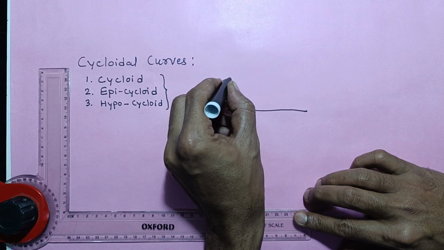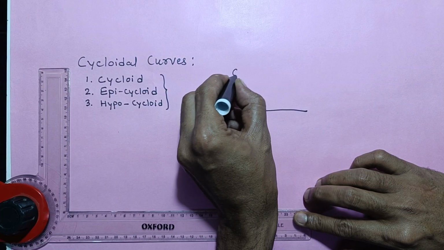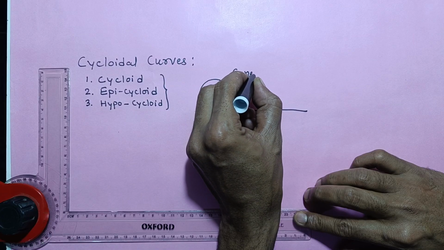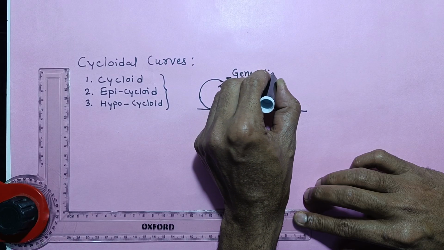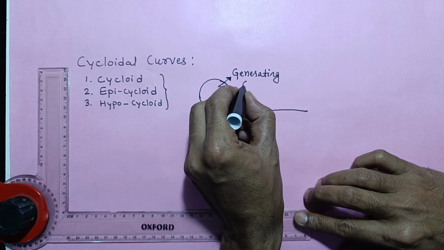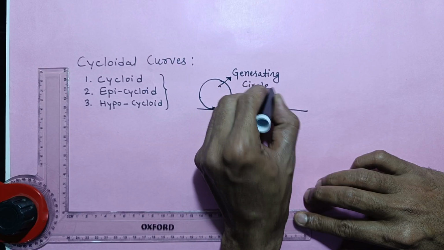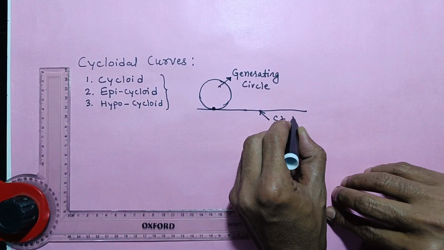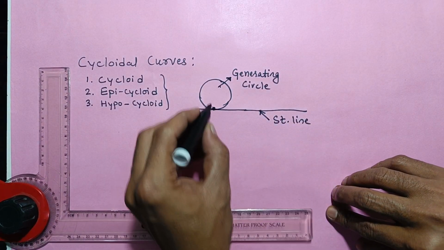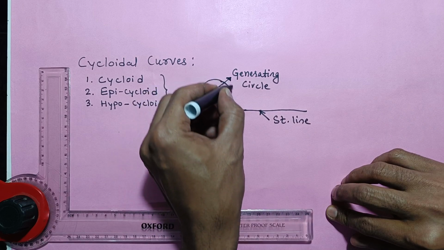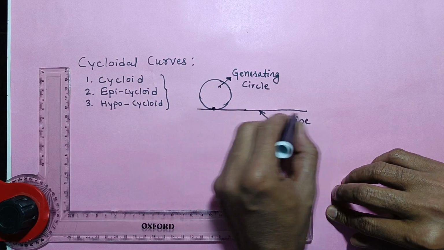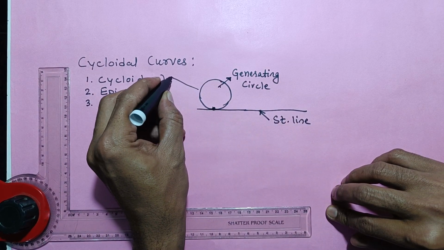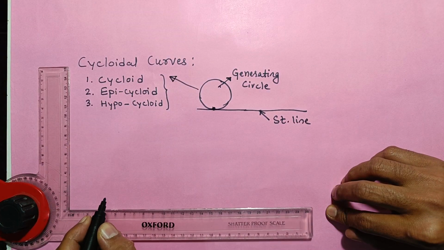So this wheel we call as a generating circle, and the path we call as a straight line. So when a generating circle rolls on a straight line, that is called the cycloid.